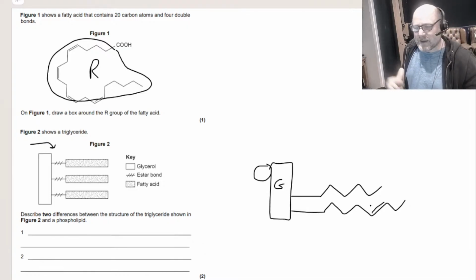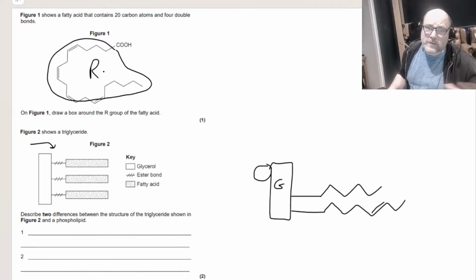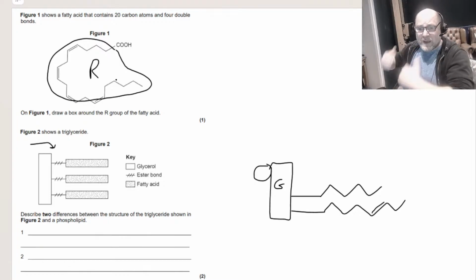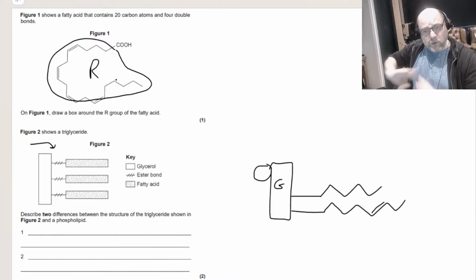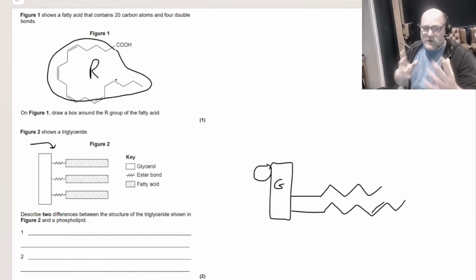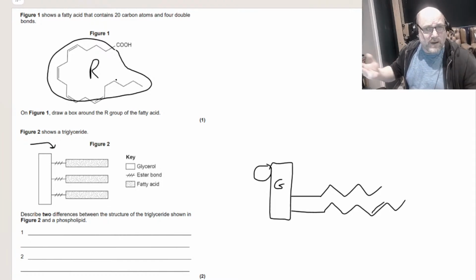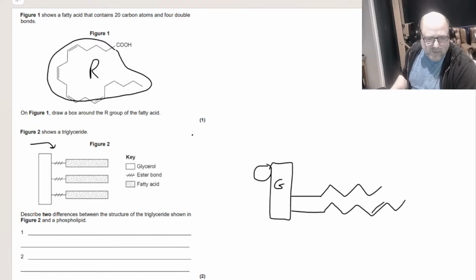It'll cause a kink, but we won't go into all of that. So essentially the R groups can be different, but all fatty acids will contain this carboxylic acid group. The R group is the bit that can vary between different fatty acid tails. They could all 3, or 2 in the case of a phospholipid, be identical, or they might not be identical. They don't all have to be identical.